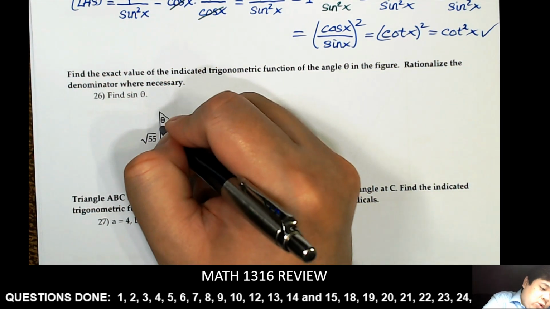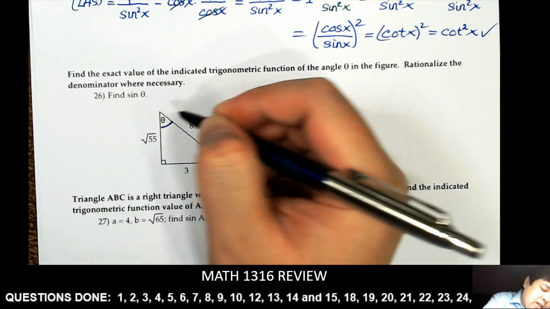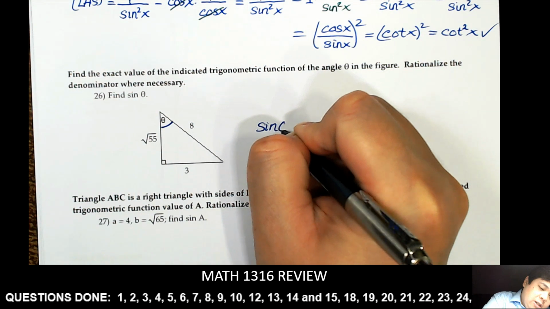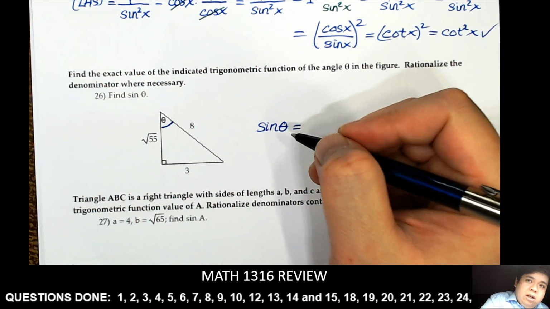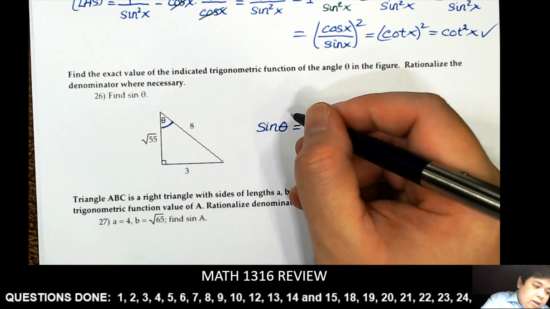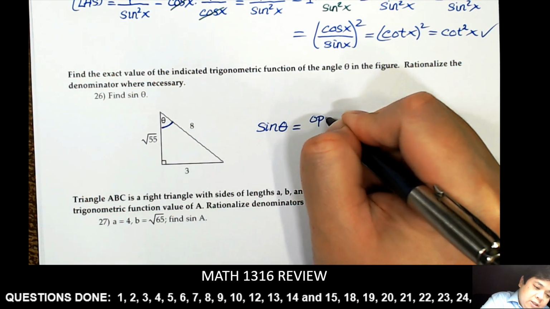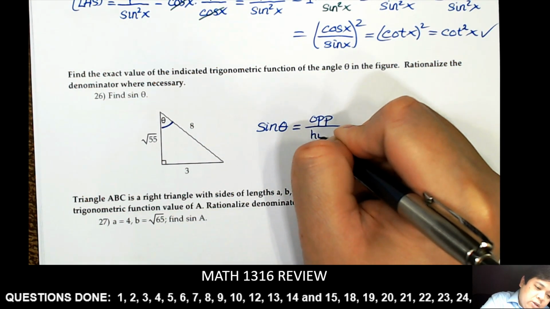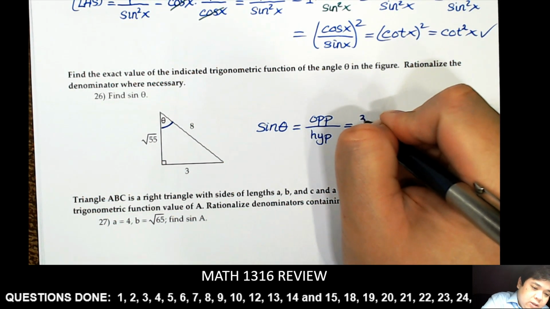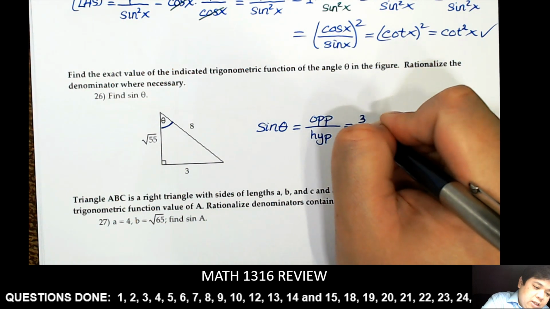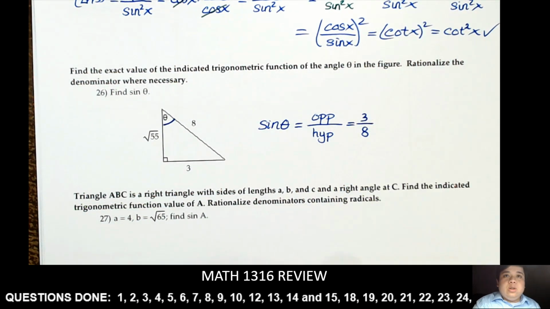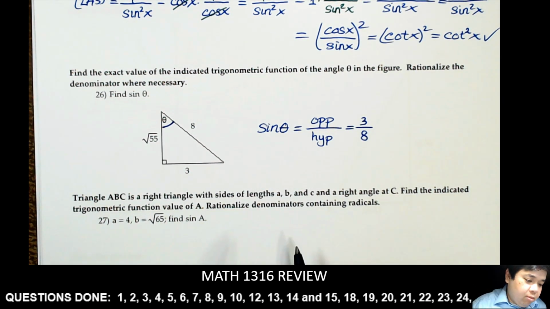So with respect to this angle theta here, sine is equal to opposite over hypotenuse. Opposite over hypotenuse. So just that.